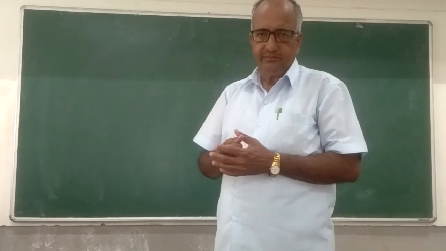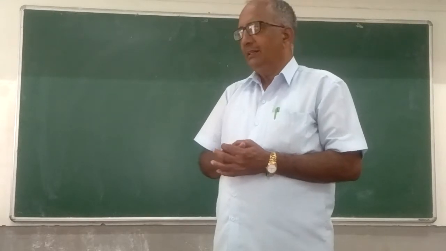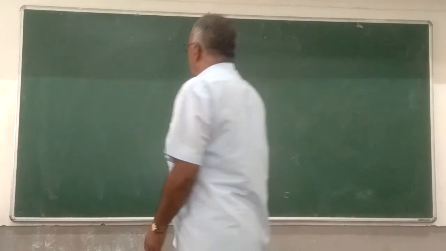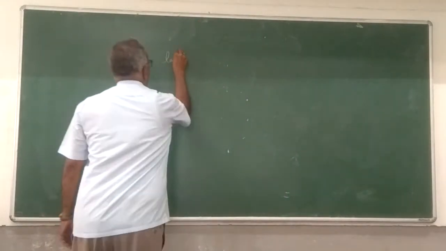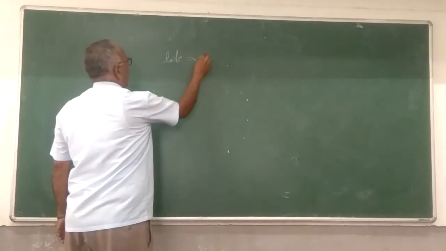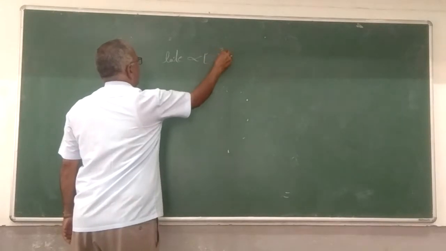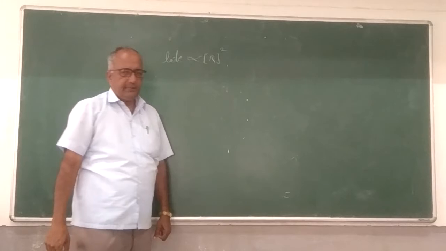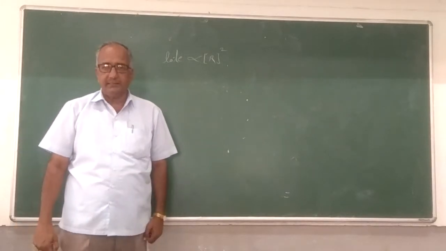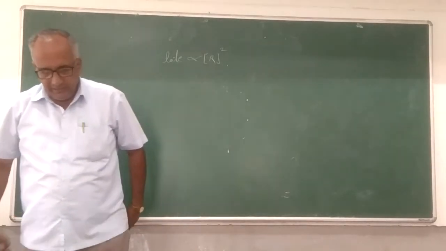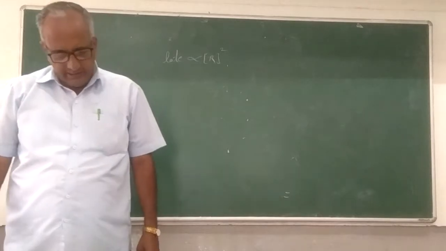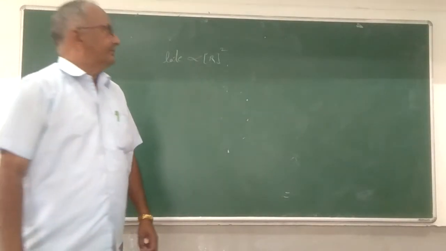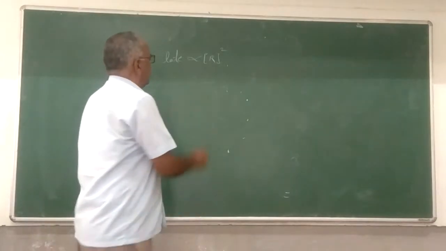It is a reaction in which the rate is directly proportional to the second power of the molar concentration of the reactants, experimentally determined in the rate equation, is called as second order reaction.